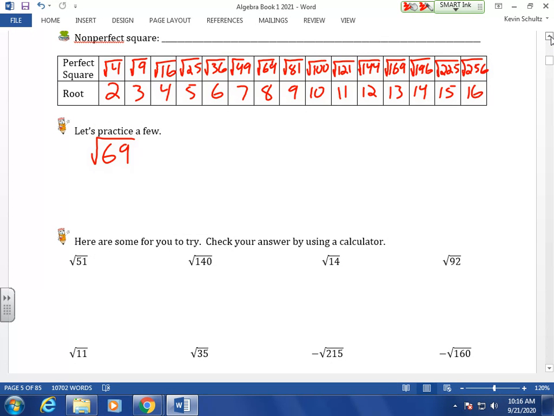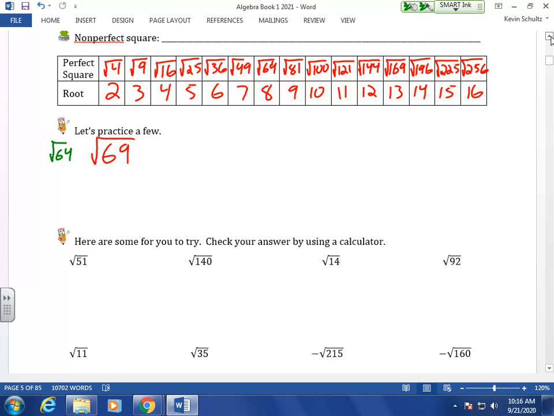We've got the root of 64, which is a little bit low. We have the root of 81, which is a little bit high. 69 is in between there. But we can use these perfect squares to help us estimate its value. So, root 64 is the next perfect square below root 69. And what's the value of root 64?